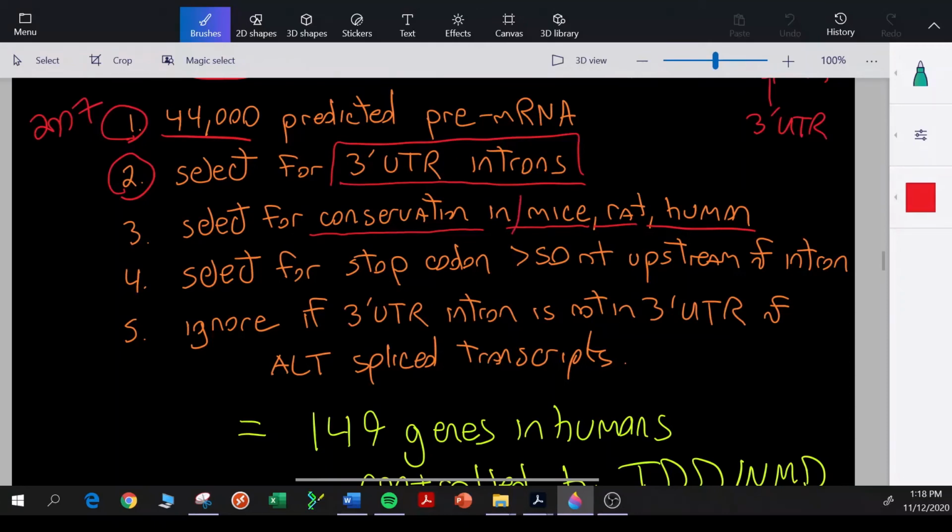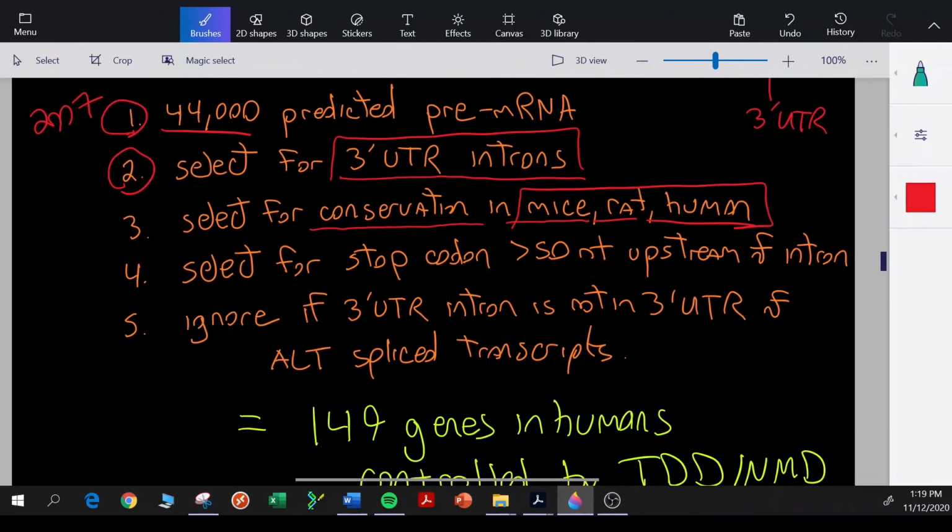The idea is they don't want to find every one of these cases, just to see how many there are. They want to be sure these introns in these 3' UTRs have been conserved between multiple species. If they have, that suggests that the intron is important for regulation of that gene. At least that's the argument the researchers made.